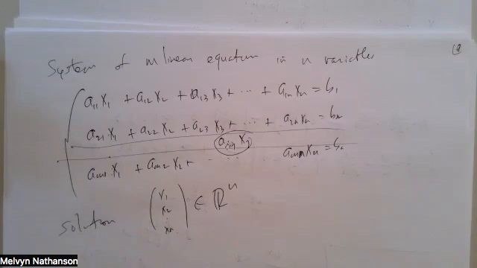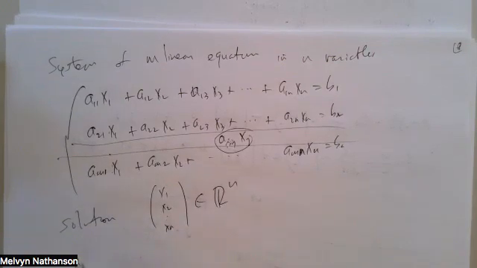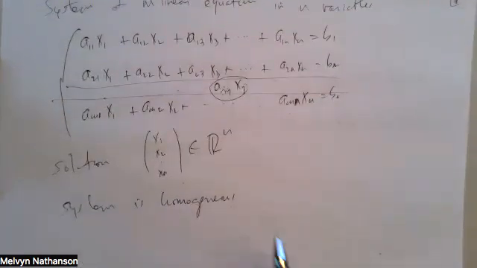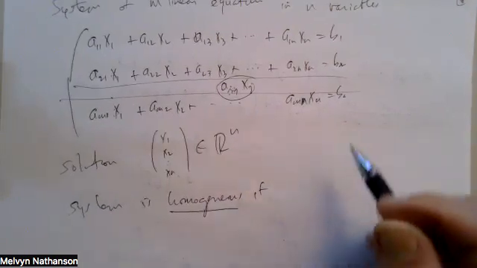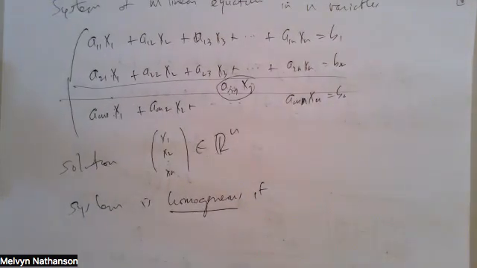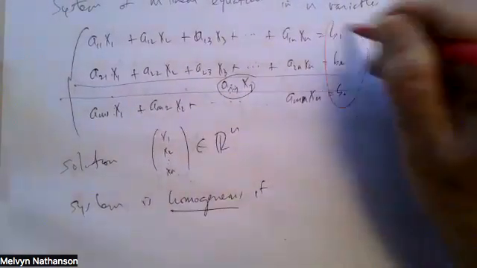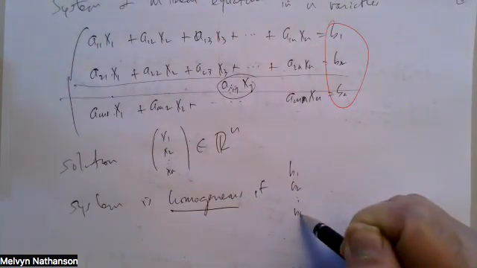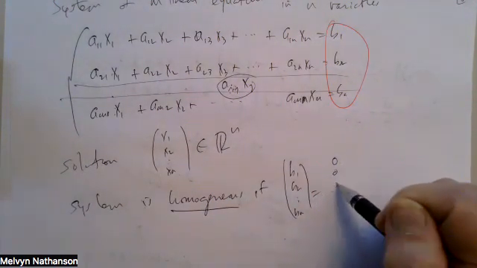Okay. So we say the system is homogeneous if, when you look at the right-hand sides, the b's, this column vector, they're all zeros.